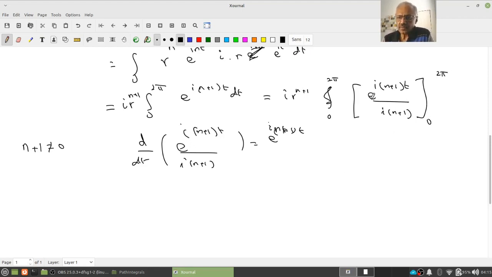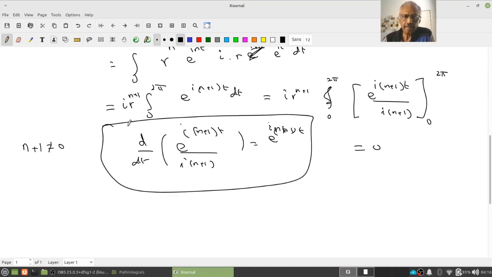But remember, the exponential function is periodic with period 2 pi i. At t equal to 2 pi, it is e to the power 2 pi i times n plus 1, which is 1. At t equal to 0 this is also 1. Therefore this is going to be 0. This integral is 0.